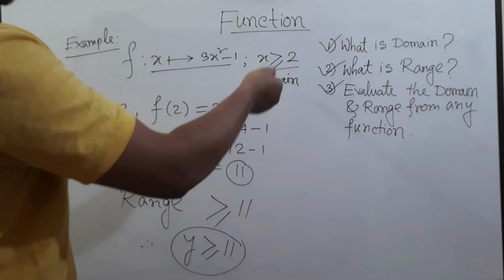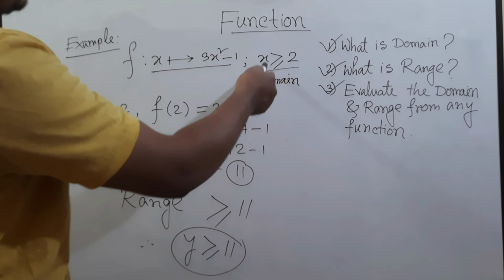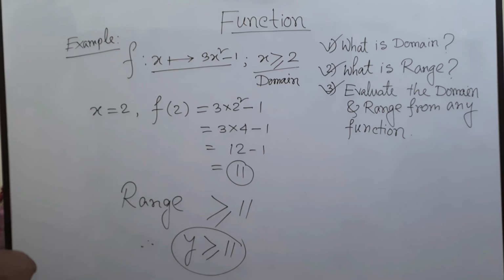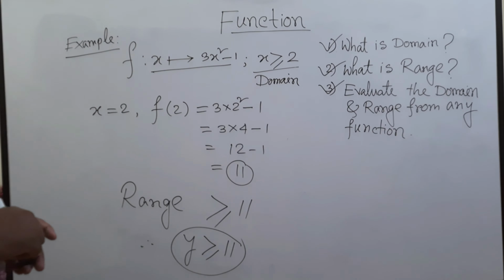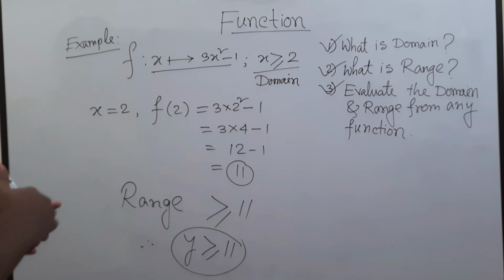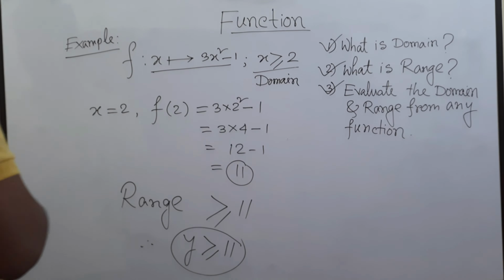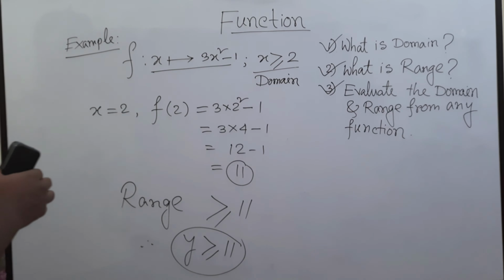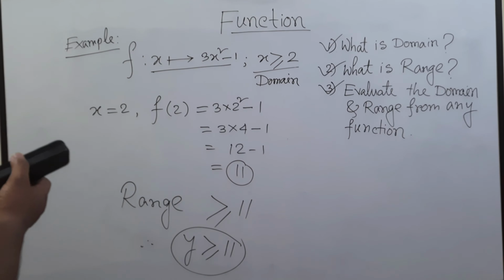If the domain is defined, then we can find the range quite easily. But the question is, if the domain is not defined, then how can we find the range of this function? Okay, now we will learn this domain and range.